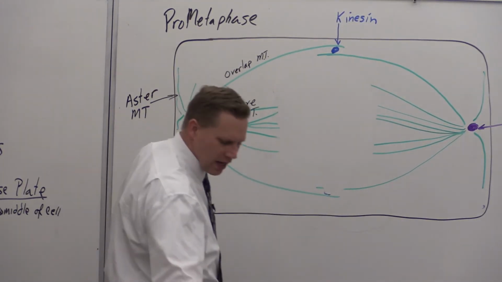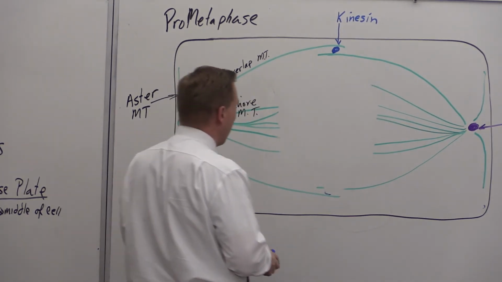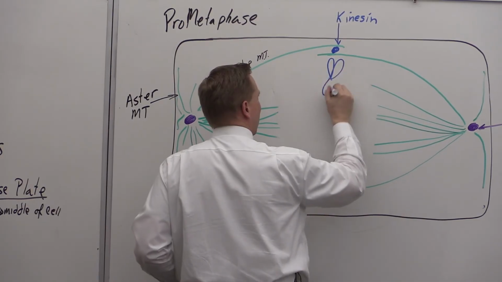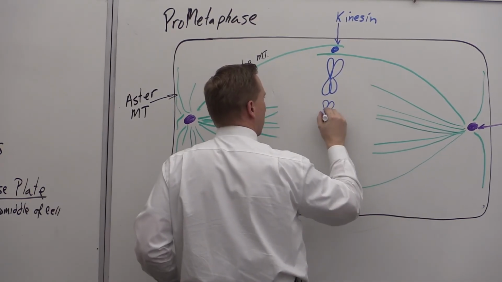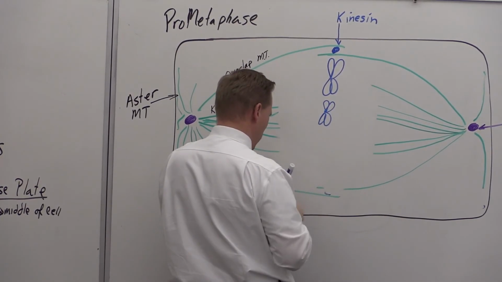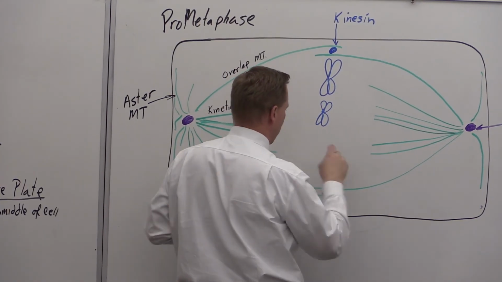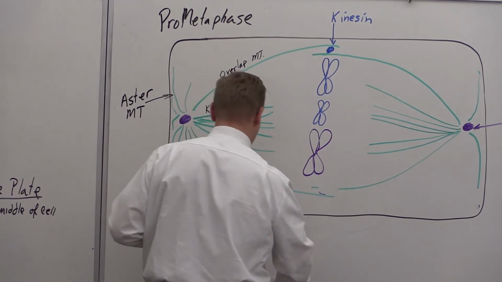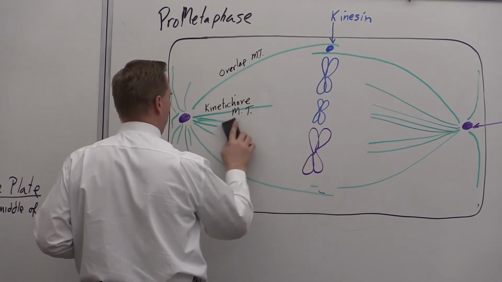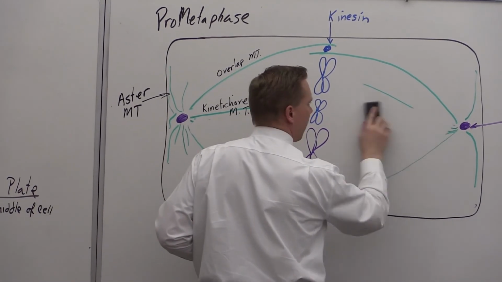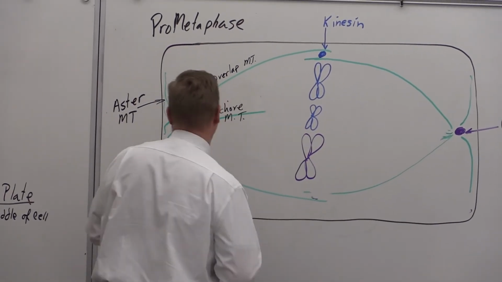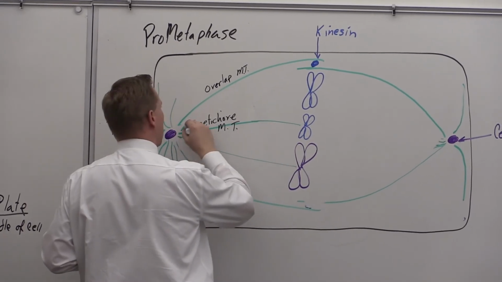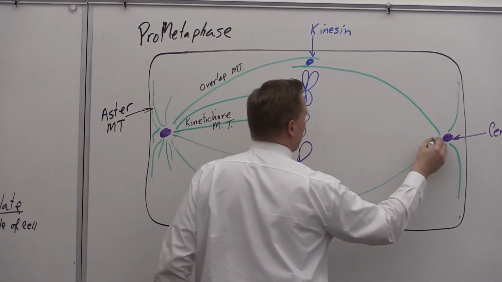So what does this look like? I'm not going to draw all of them that I had before. We're just going to draw 3 of them here. So each one is still being contacted by their kinetochore microtubule.